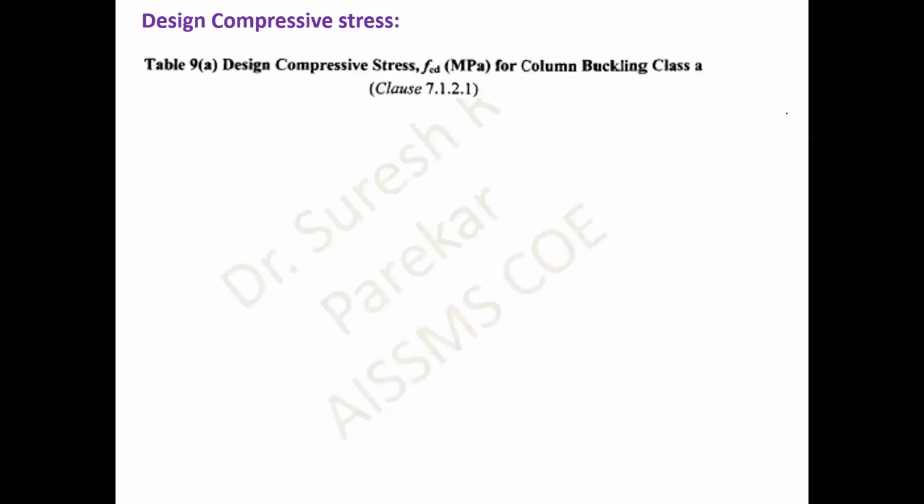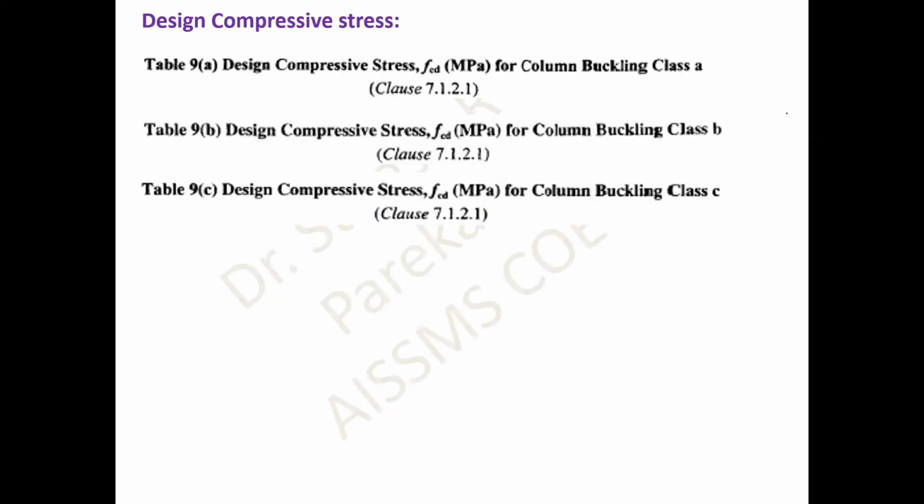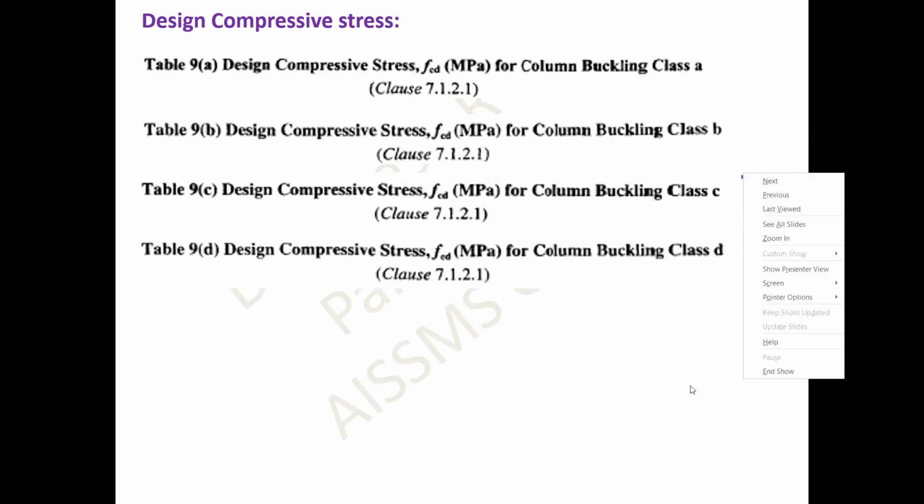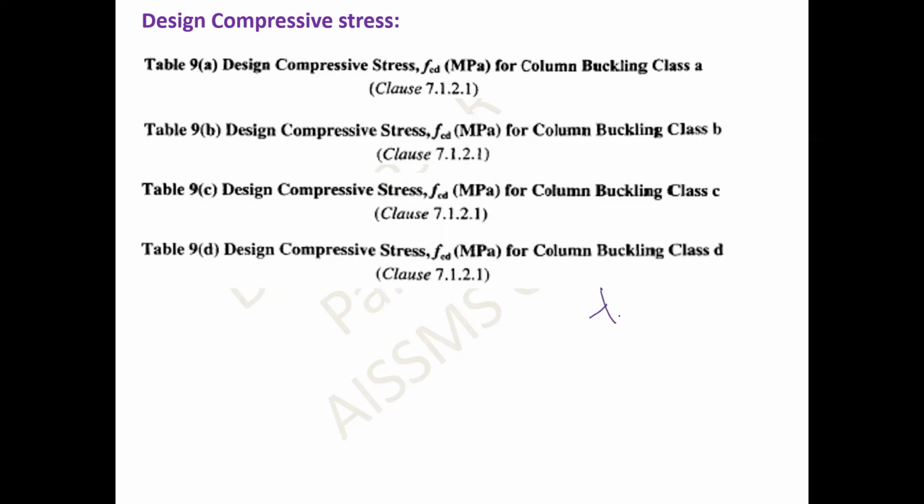Knowing this, for A we have table 9A, then B, 9B, 9C, 9D. Now we know the value of lambda, that is slenderness, which we have calculated as L effective upon R minimum. In this table you are given the lambda value, then the Fy value on this side, and then the value of FCD in these.